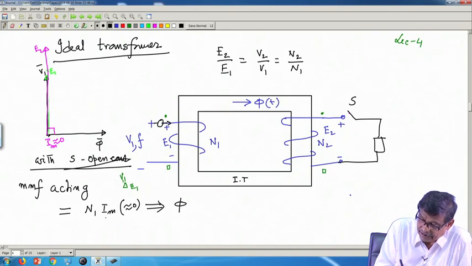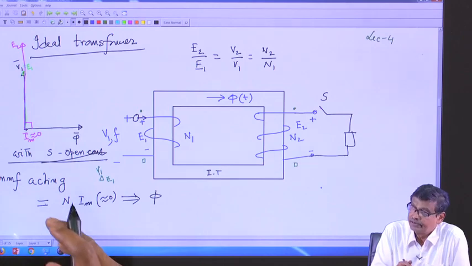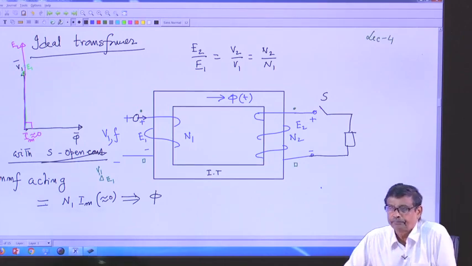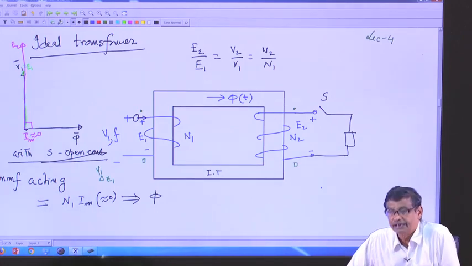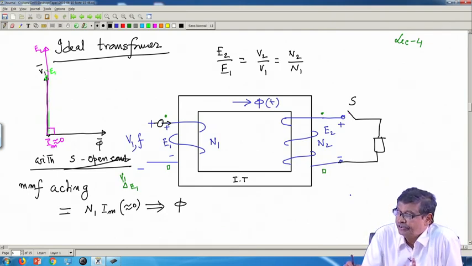So, the amount of MMF necessary to create the flux phi is known to me, N1 into Im. Now, listen carefully to what I am telling. Imagine you have closed the switch.